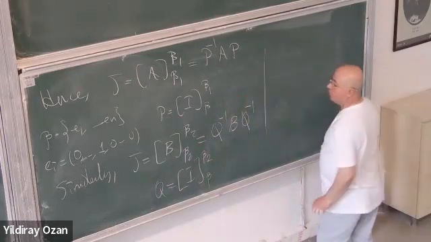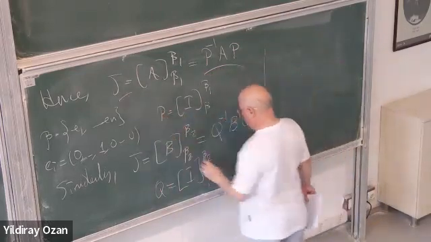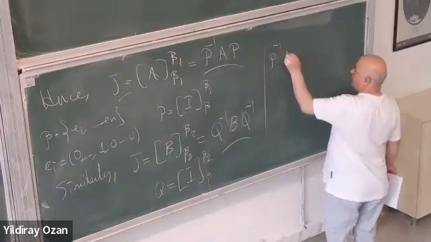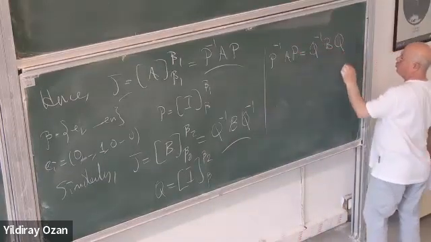Therefore, we have this gadget, which is equal to J, and J is equal to this one. So P A P inverse is just Q B Q inverse.